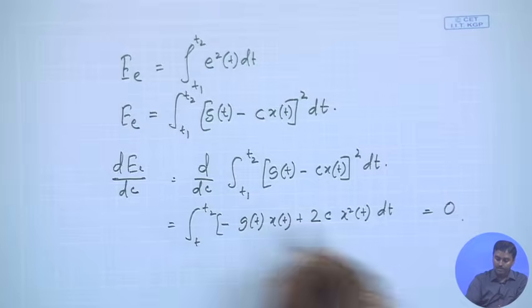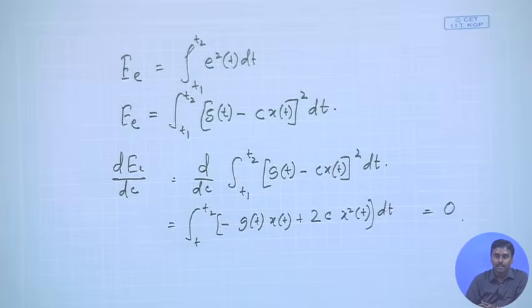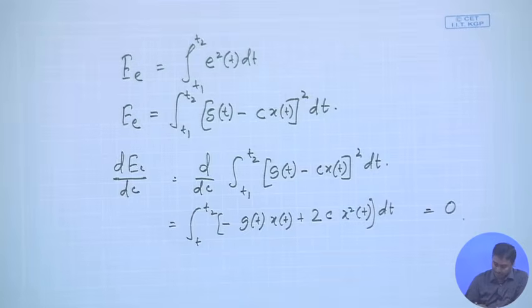Is this all right? So, I have just taken d/dC inside and I started differentiating it. I know that GT, XT, they do not depend on C. So, those terms I have just opened the square and then started differentiating it. Okay. So, I have got these values.